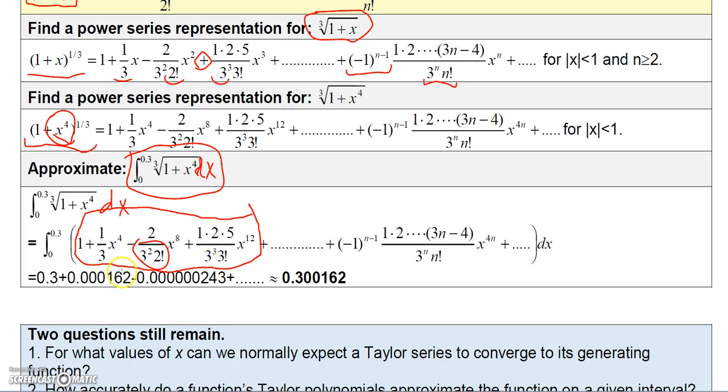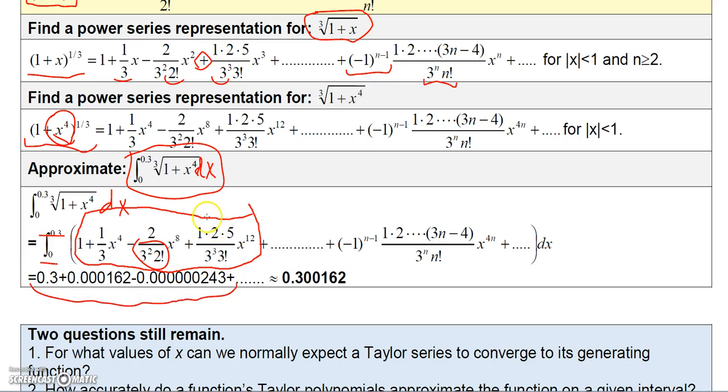If you integrate and evaluate from 0 to 0.3, you just have to evaluate at 0.3, because at 0 all the terms will be 0. So you evaluate this at 0.3, and that should give you four values.